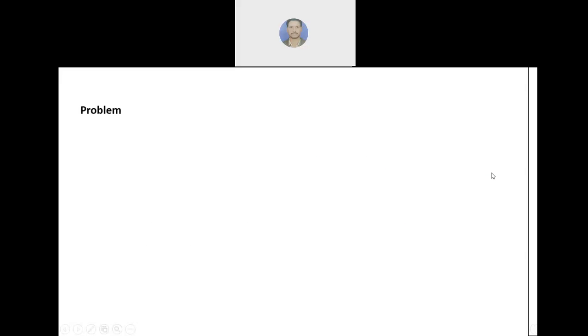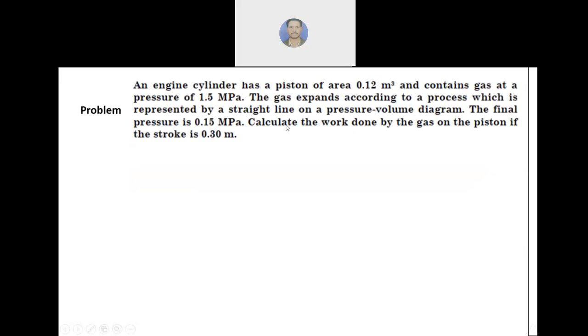Take this example, first problem. It is written: an engine cylinder has a piston of area 0.12 meter square, and contains gas at a pressure of 1.5 megapascal. The gas expands according to a process which is represented by a straight line on a pressure volume diagram.